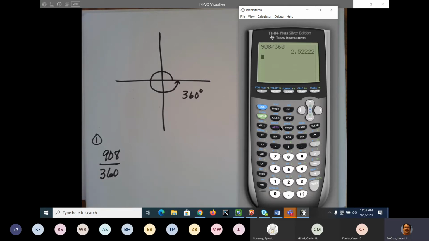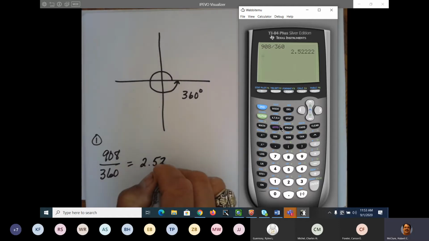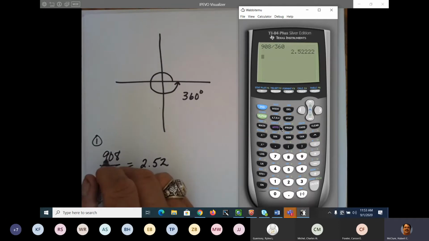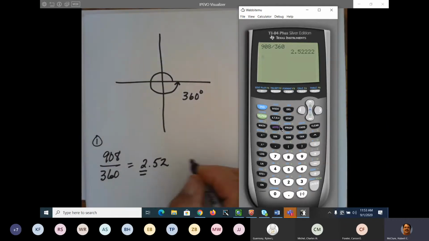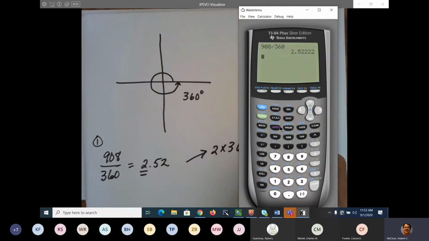That's 2.52. So I know that two circles will go into 908. So what is two circles? Two circles is 720. So 2 times 360 is equal to 720. And then I subtract 720 from 908.